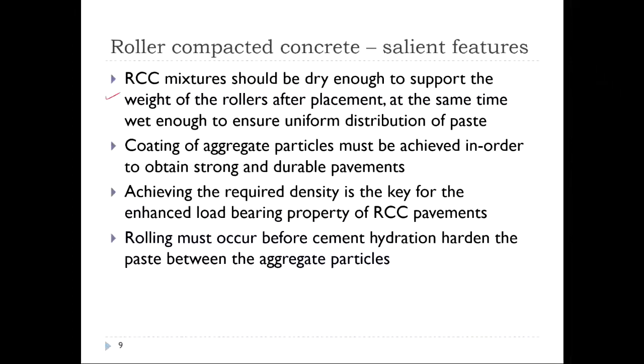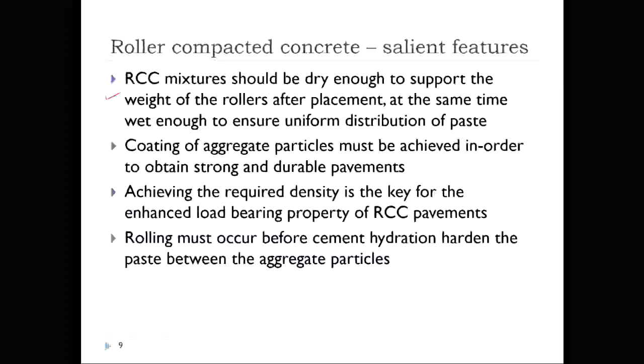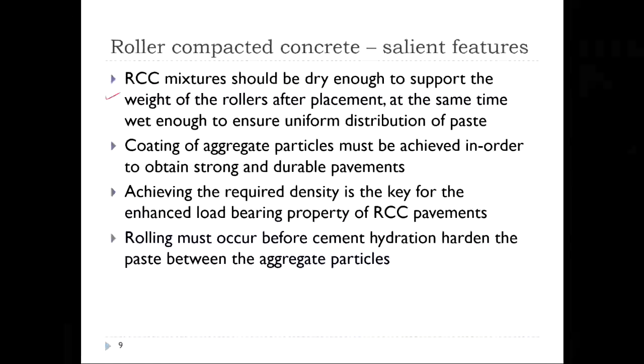One small drawback of a roller compacted concrete pavement would be achieving uniform density towards the edge of the pavement. Towards the edge, it would be difficult to achieve a compaction level of about 96 to 97%, whereas in the interior we will be able to achieve it.